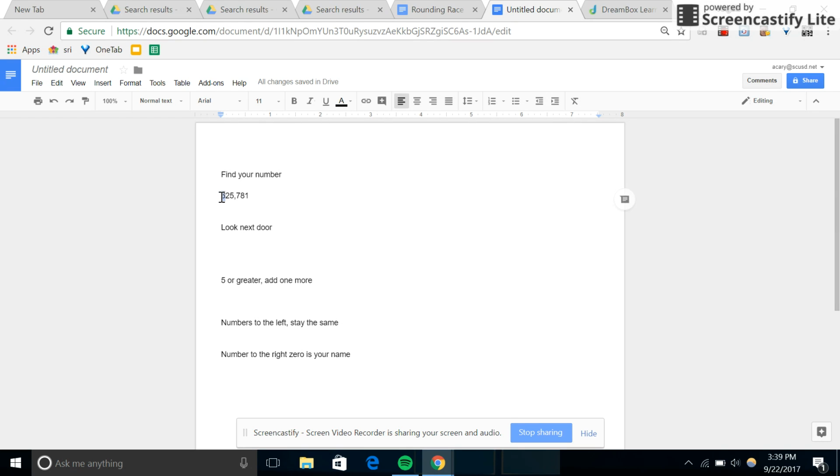Numbers to the left stay the same. So I know my number is going to start 6-3. Numbers to the right, 0 is your name. Now I'm going to check for sensibility and make sure what I just wrote makes sense. I was rounding to the 10,000s place. That means I have to figure out if this is closer to 62 10,000s or 63 10,000s.